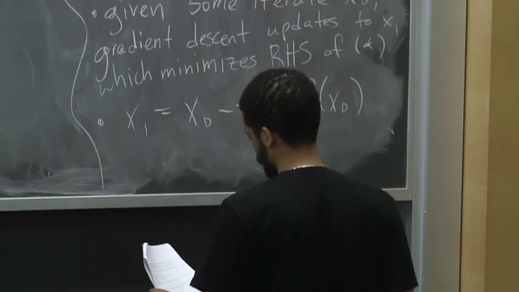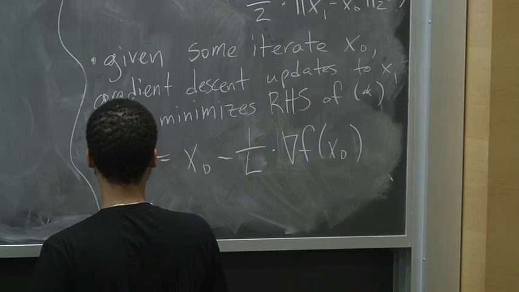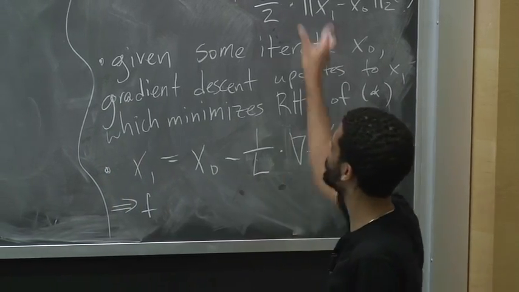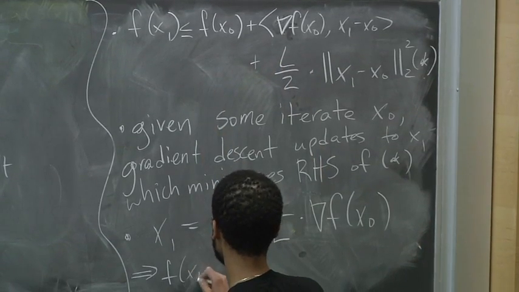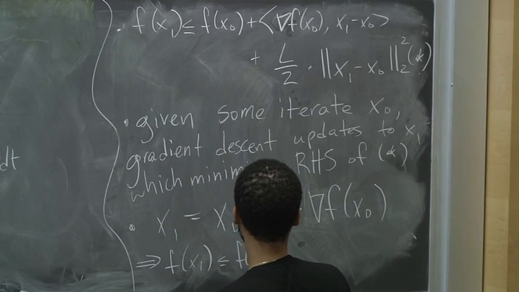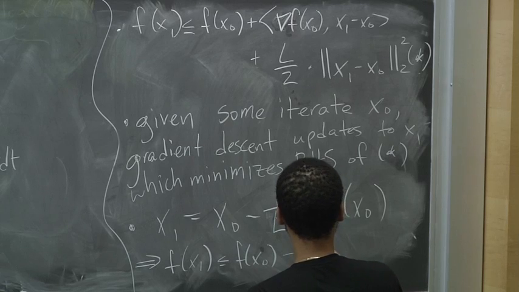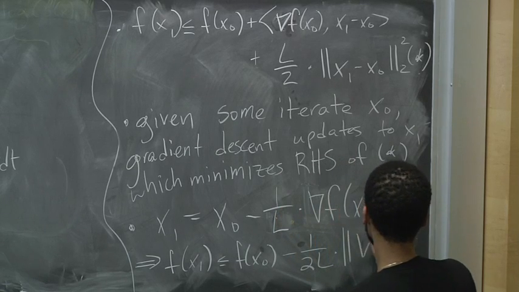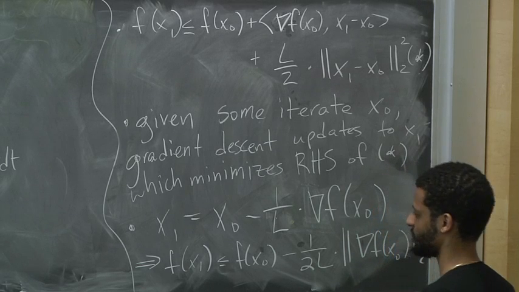Okay. And the upper bound that you'll get, if you just plug this into the right-hand side there, that will imply that f of x1 is at most f of x0 minus 1 over 2L times the gradient of f at x0, L2 norm squared.